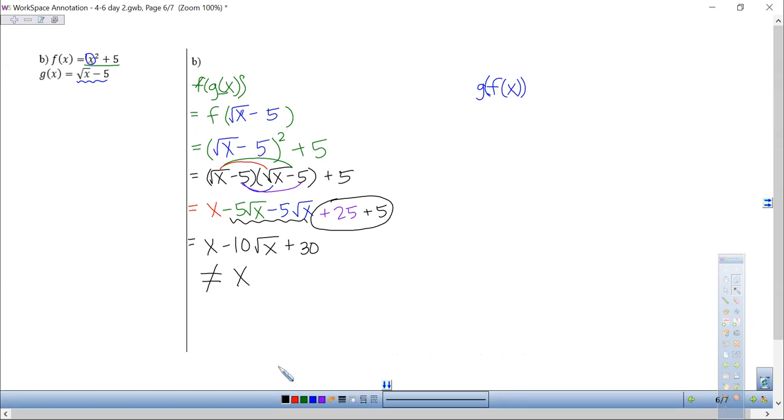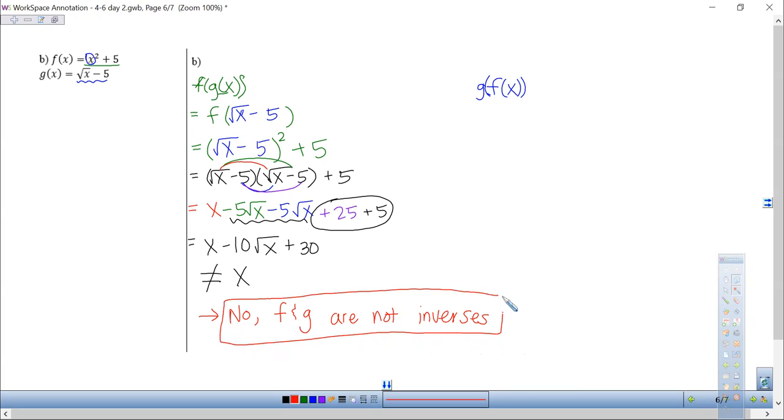So what this means is that no, f and g are not inverses. Okay, so as soon as one of them is not x, in order to answer the question, that means that I do not have to check the other one.